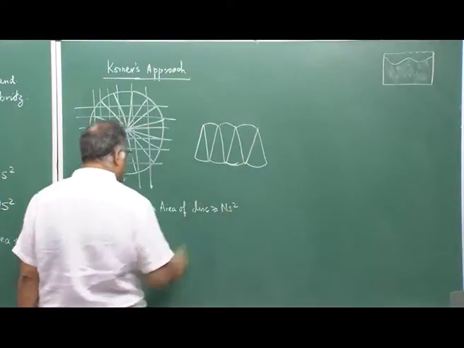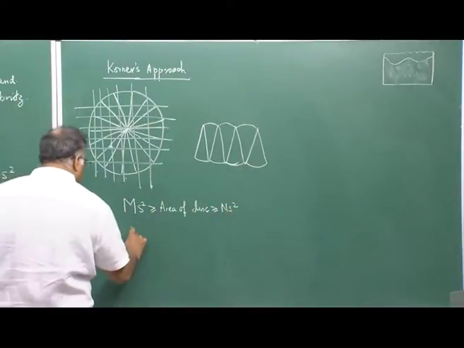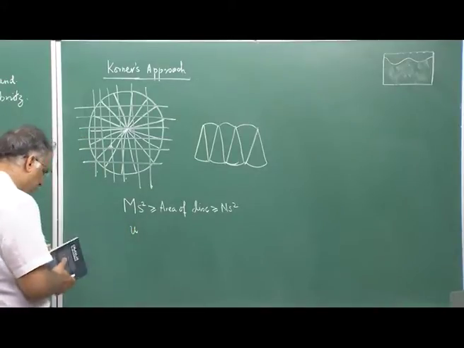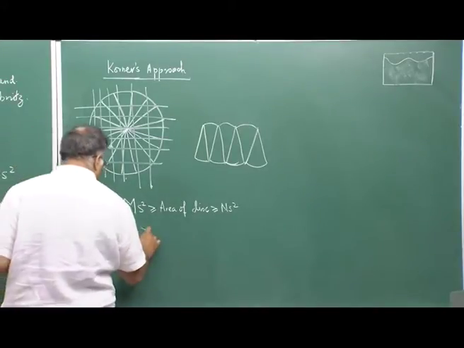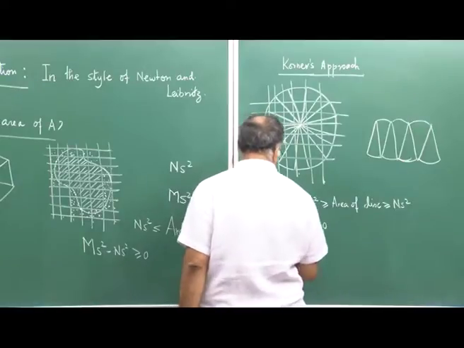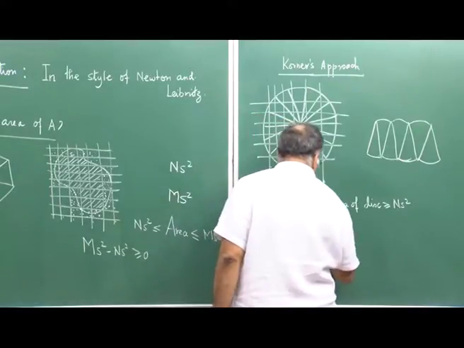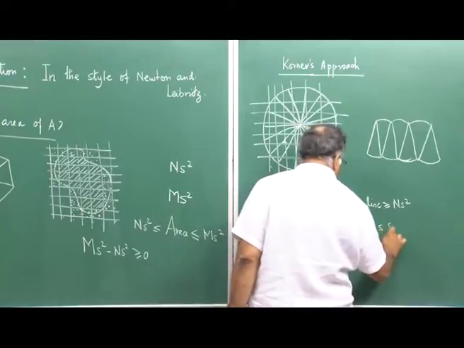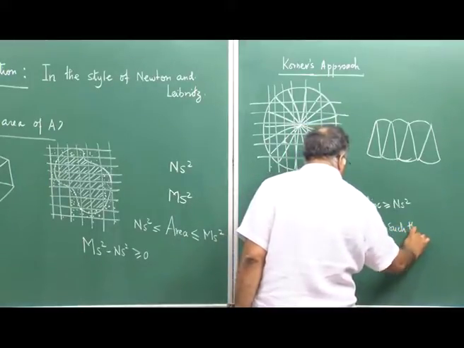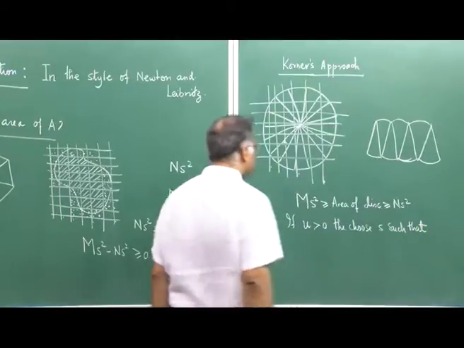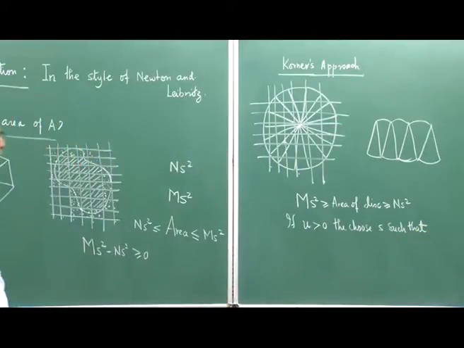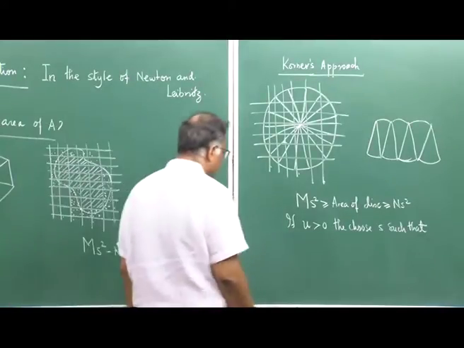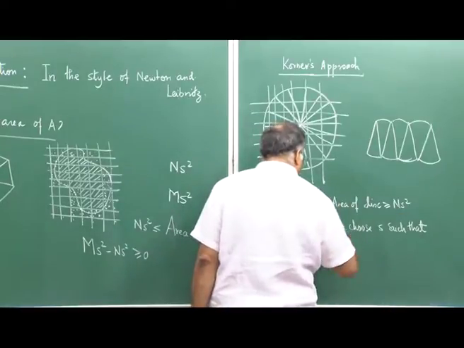But I can choose s in such a way that if you give me any positive number u, if you take any u greater than 0, then choose s such that... what would happen?